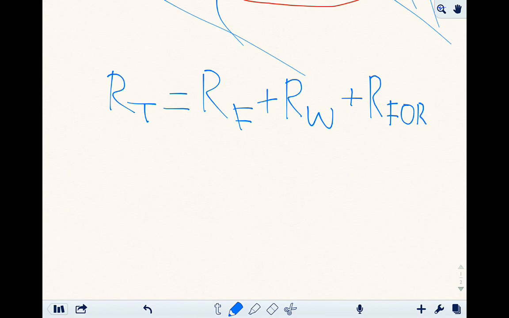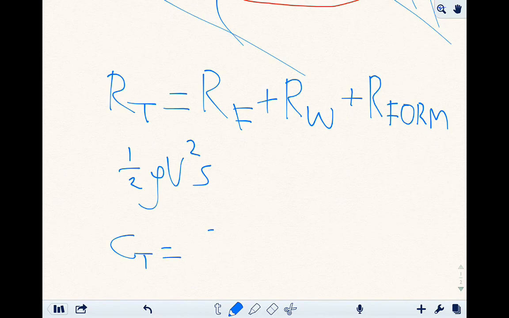If we divide all three by 1/2 rho V squared S, where S is the wetted area of the hull, I have non-dimensional forms for all of these. So I have C_T equals C_F plus C_W plus C_form.